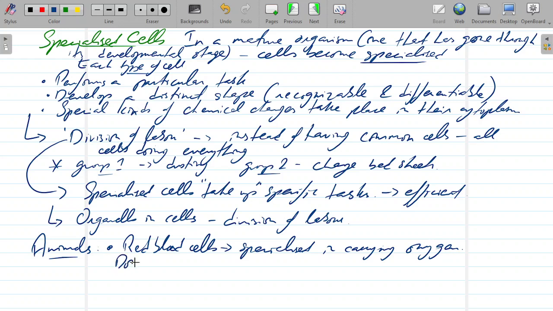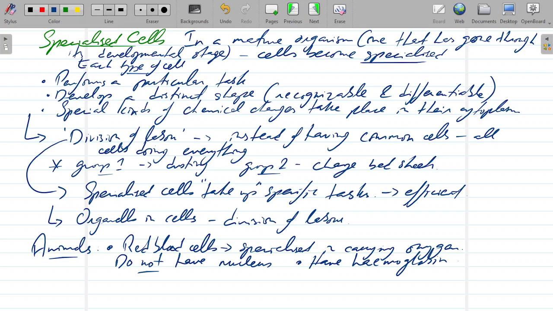They do not have a nucleus, so they're special in that case. And they have hemoglobin, which is a protein that binds to oxygen and helps it carry it around.